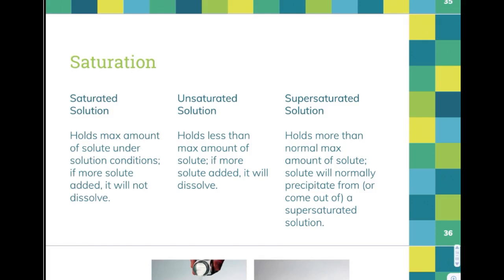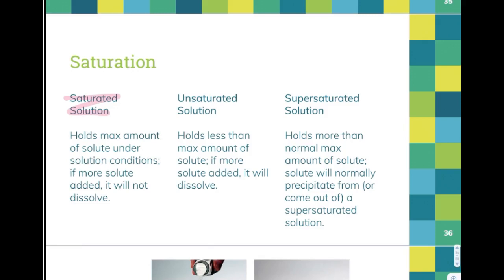So you can have solutions where your solubility is maxed out, or you can have solutions where your solubility is not maxed out, or solutions where your solubility is more than maxed out. If your solubility is totally maxed out, you're at a saturated solution. A saturated solution holds exactly how much it can hold at that time. If you add more, it will not dissolve.